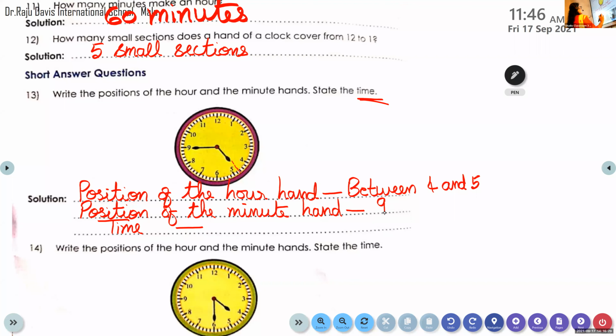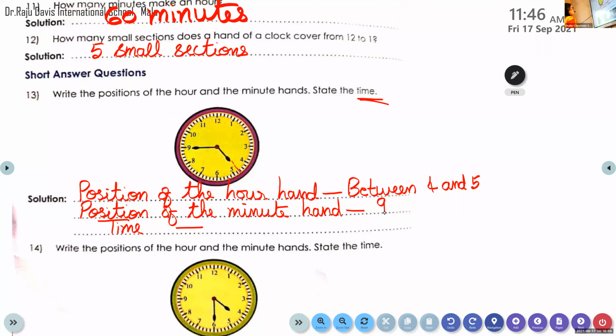Janita, what is the time shown by the clock in question number 13? 9. Check properly. Five.